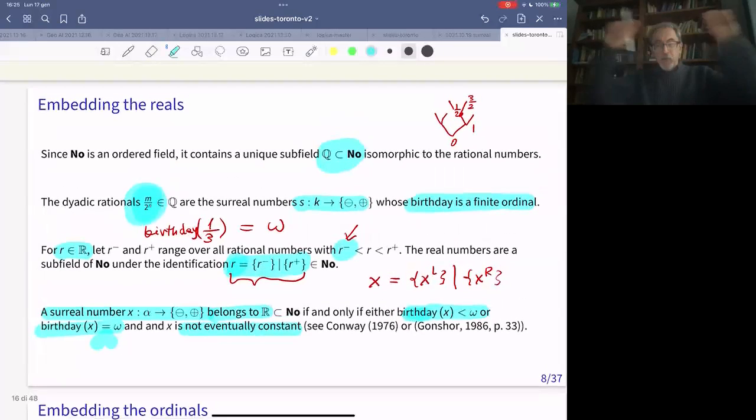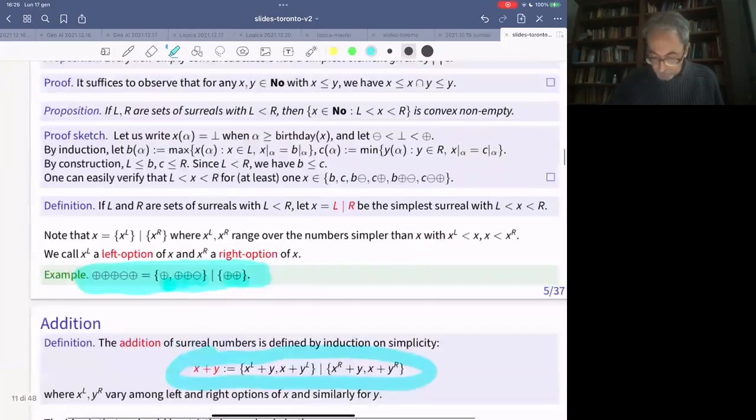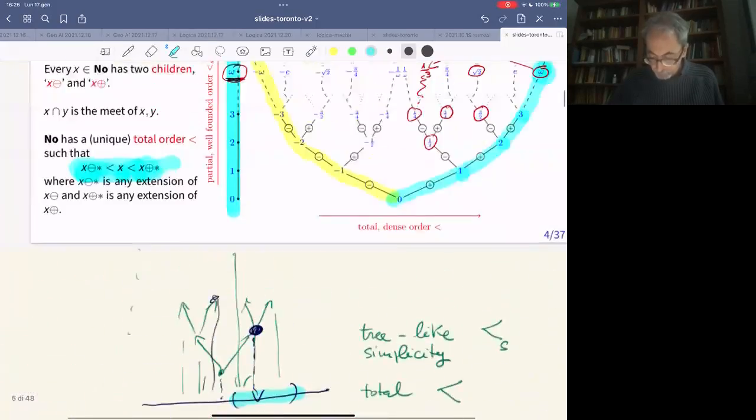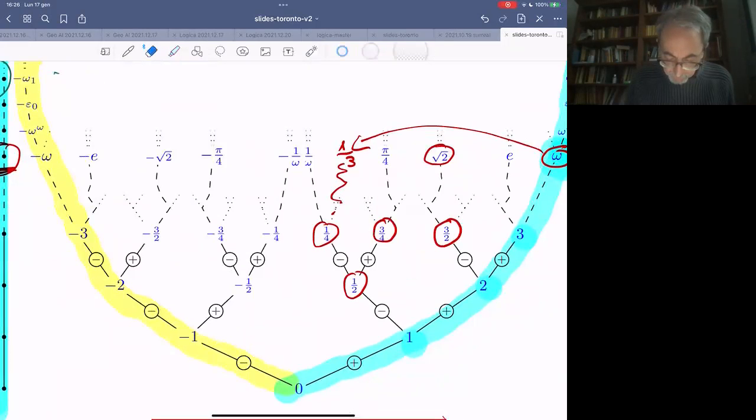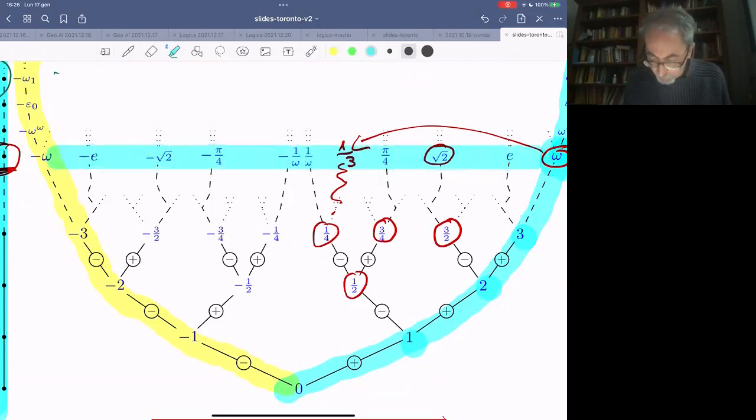Because at level omega, you will find lots of things which are not reals. Let's go again to the picture. So at length omega, you will find all these objects. Some of them are real, but some of them are not real.